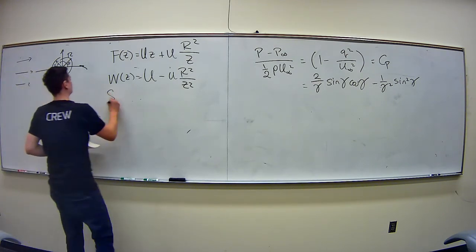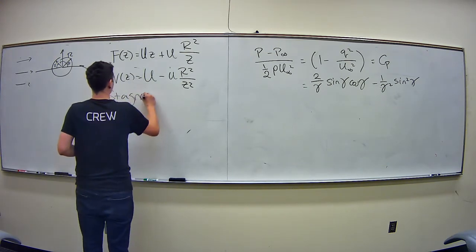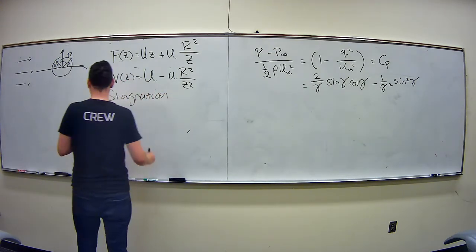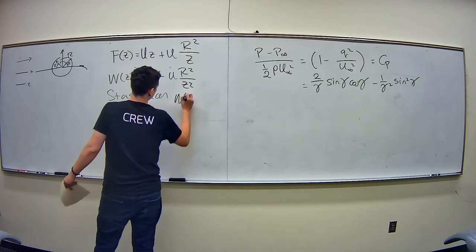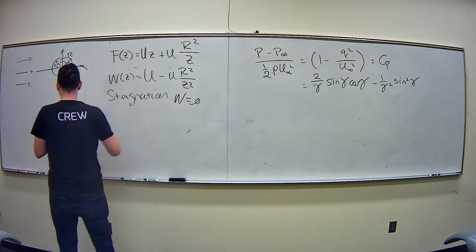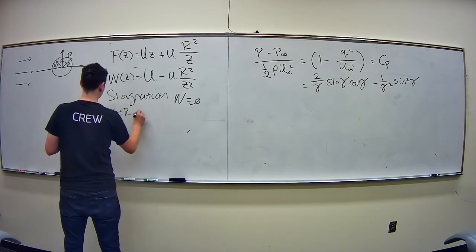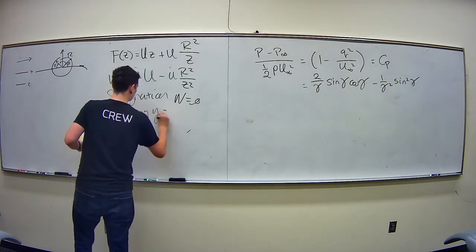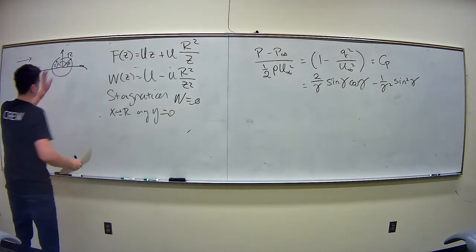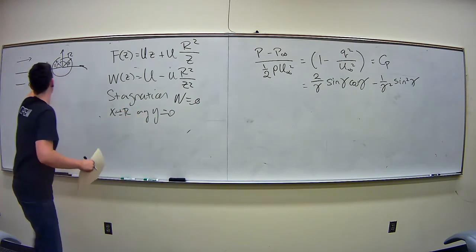Okay, stagnation. For this situation, what did we say stagnation was? That's going to be when that's 0. So that's going to occur at these points: x plus or minus r, y at 0. Boom and boom.